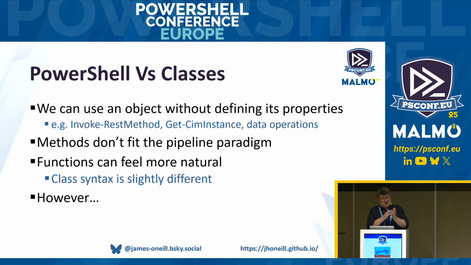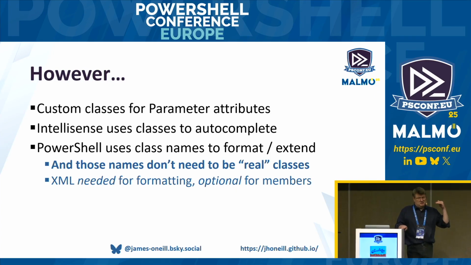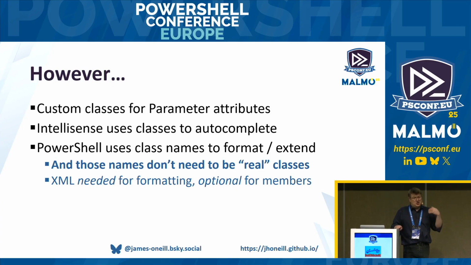And so we're used to doing that, and doing stuff with classes is not necessarily the natural way to write things in parallel. But a couple of things I alluded to earlier. Some things like custom parameter attributes you can only do using classes.